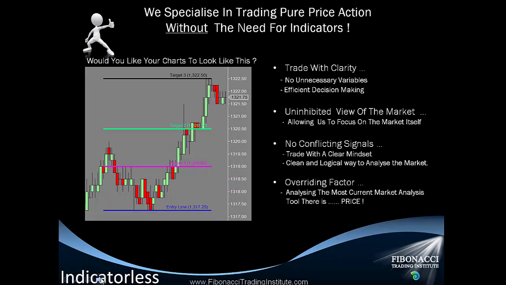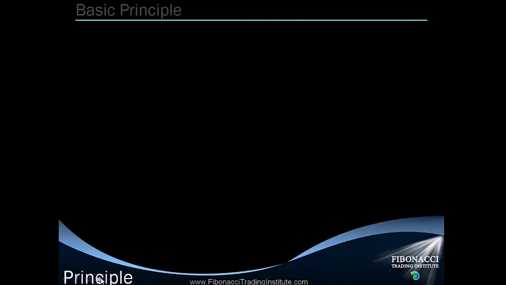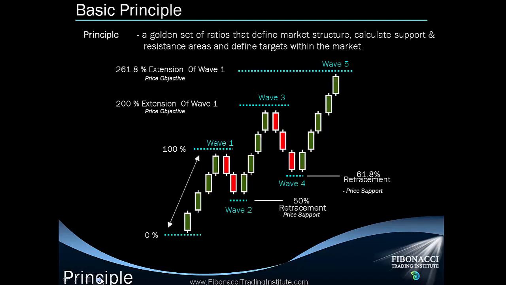That's what gives you the opportunity to trade with clarity, with an uninhibited view of the markets, with no conflicting delayed signals, with no sweaty palms. Absolutely crucial to understand what you do in the markets. Trading markets without complete understanding of price action is not an option.